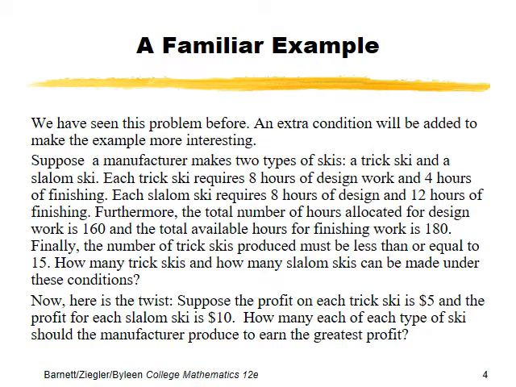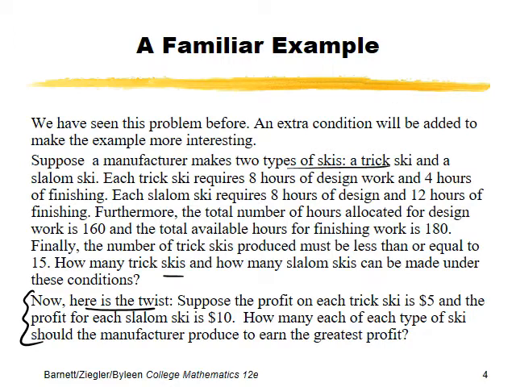A familiar example is one we saw in the previous section 5.2. Suppose a manufacturer makes two types of skis. Everything is exactly the same, but now here is the twist. This is the additional part which I said, that we will have an objective function. Suppose the profit on each trick ski is 5 and the profit on each slalom ski is 10.